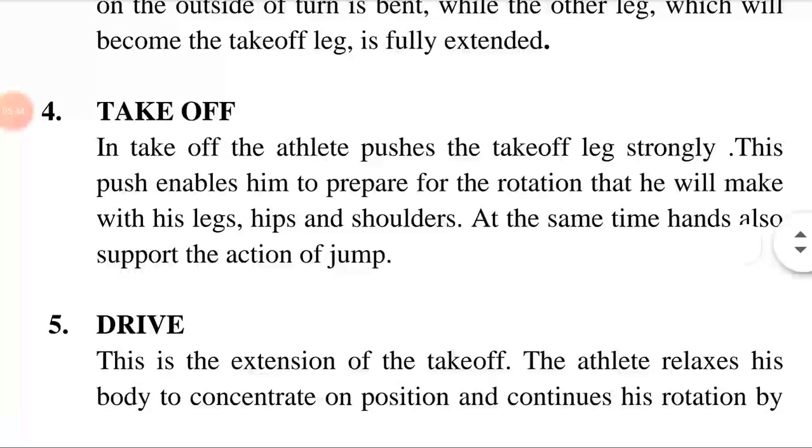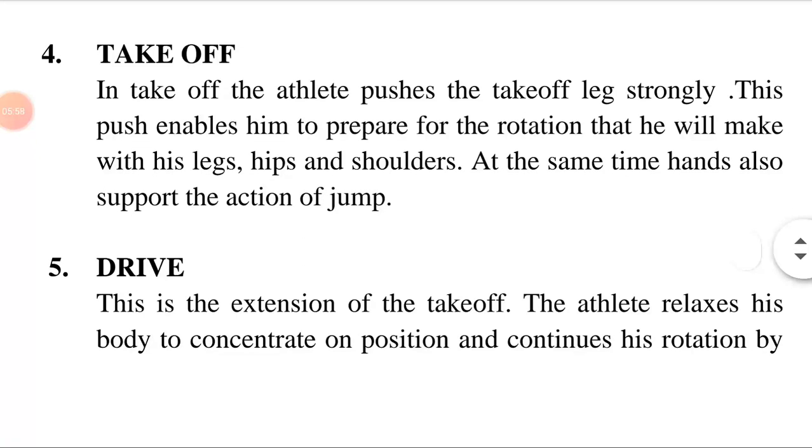Takeoff. The takeoff plays an important role in the high jump performance. On the takeoff, you need to drive up your leg as high as possible. In takeoff, the athlete pushes the takeoff leg strongly. Means while on the takeoff, the high jumper plants his leg with great power or strength.